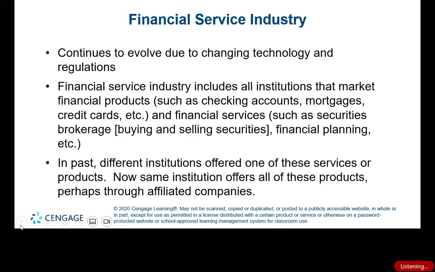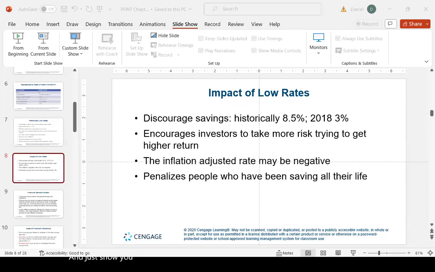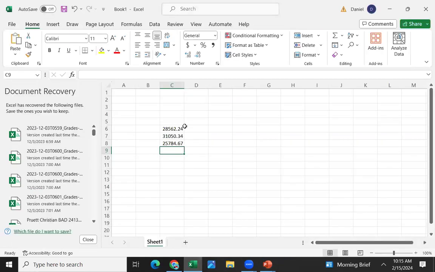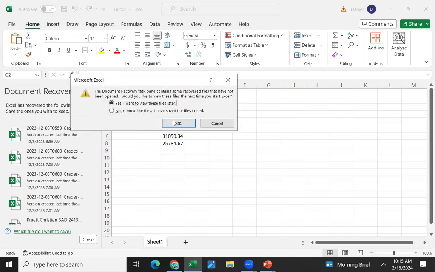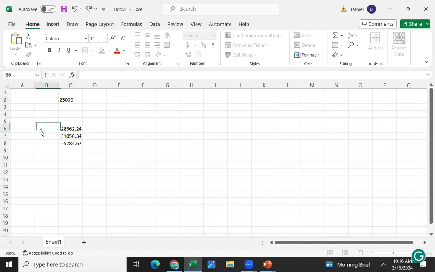Okay, I want to talk about these interest rates a little bit more, and just show you how a low interest rate affects things. So the first one, your book gives you an example of investing. If you invest $25,000, how different interest rates will affect how much your money grows or how much interest you make. So let's say that you invest for 5 years at a rate of 2.7%.